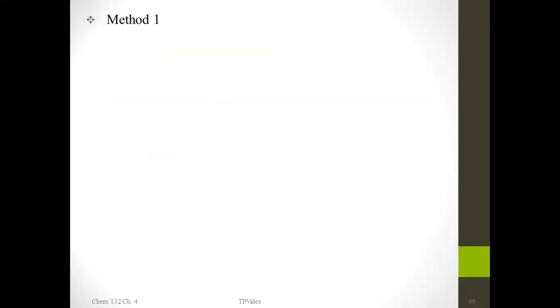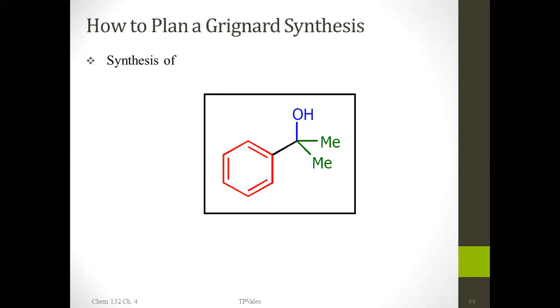The retrosynthetic approach is used in planning a Grignard synthesis. You study the retrosynthetic approach once you have, for example, a target alcohol, and you want to prepare it, for example, this tertiary alcohol.